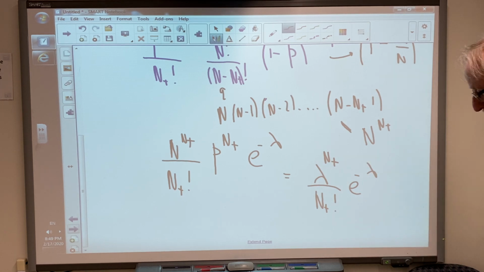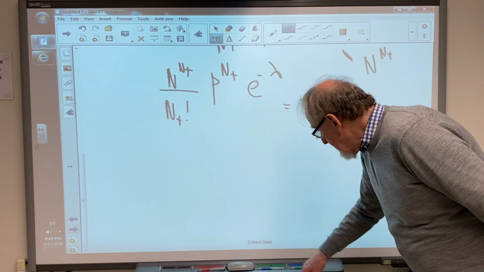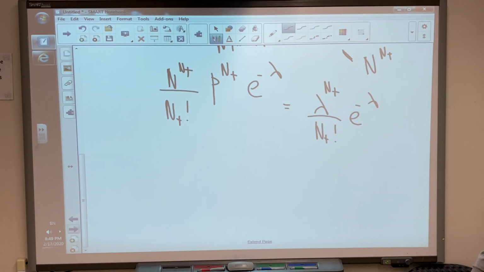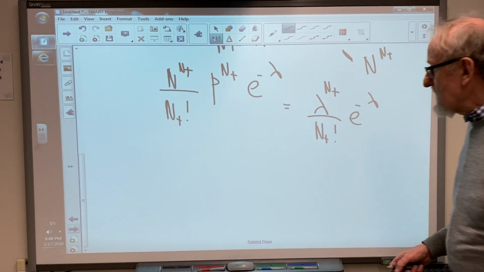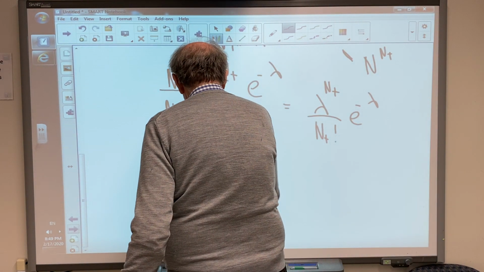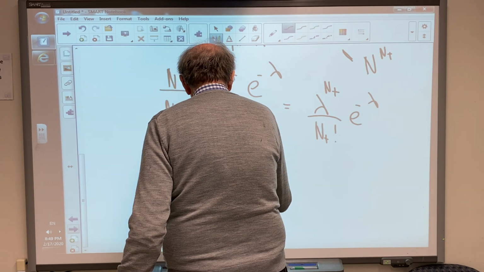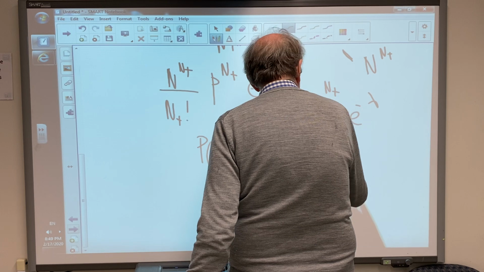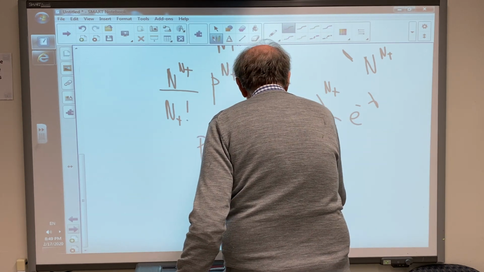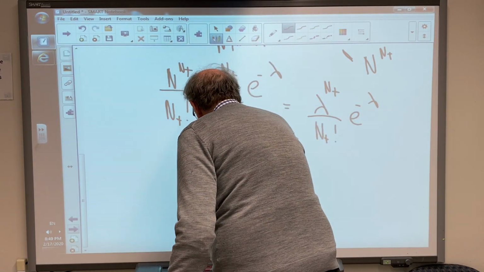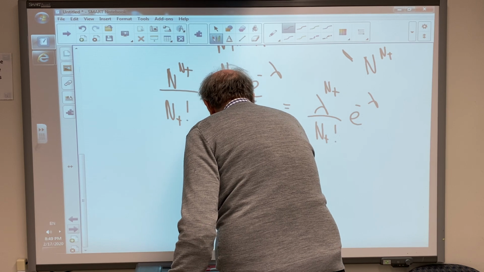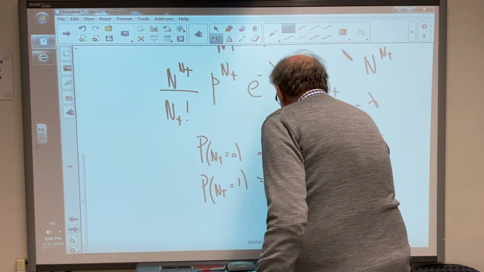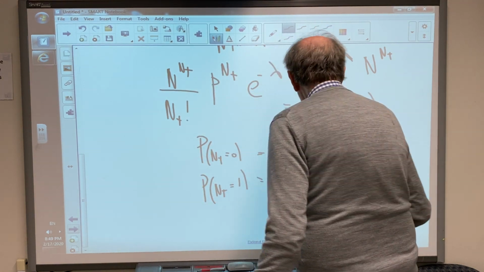What does it mean? The probability of n plus being 0 is lambda to the 0 over 0 factorial times e to the minus lambda, which is e to the minus lambda. The probability of n plus being 1 is lambda e to the minus lambda.